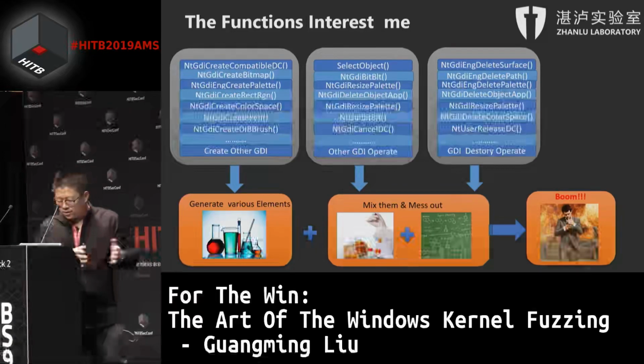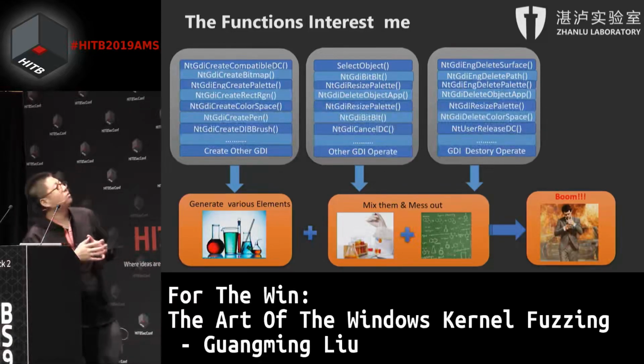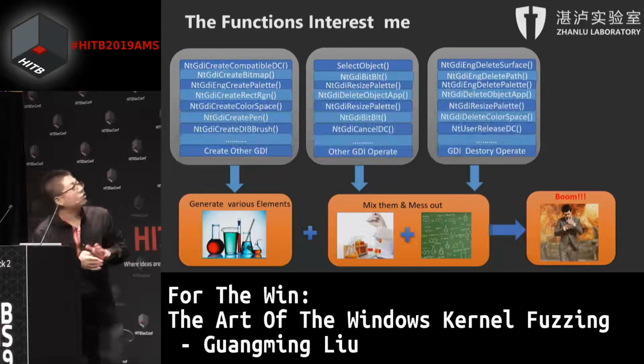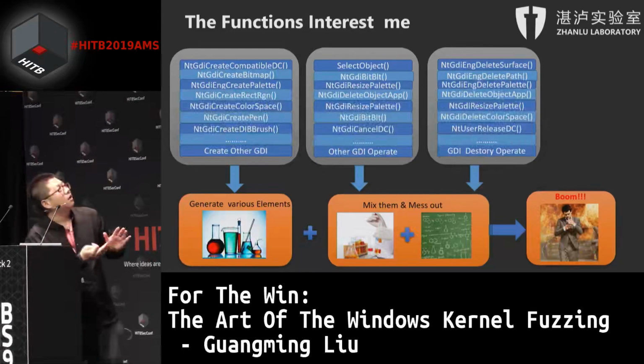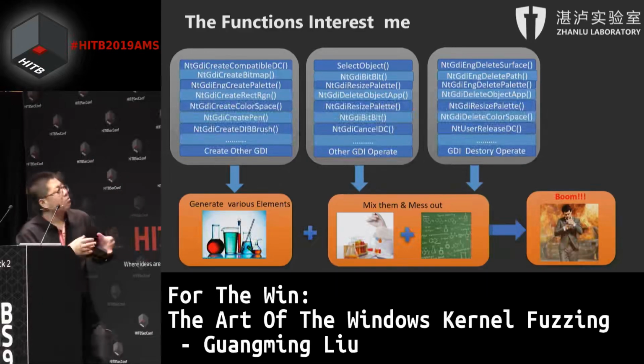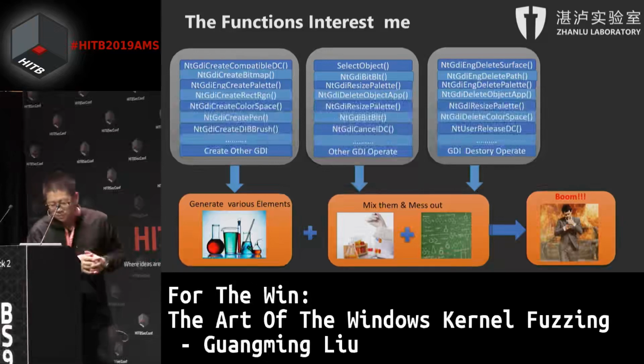So in a fuzz framework, you should create objects first and collect the target functions associated with the target objects, and the functions for destroying the objects.